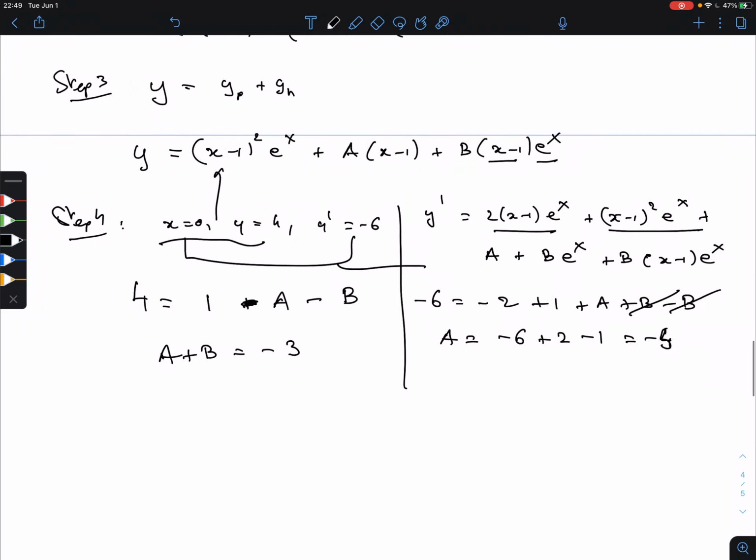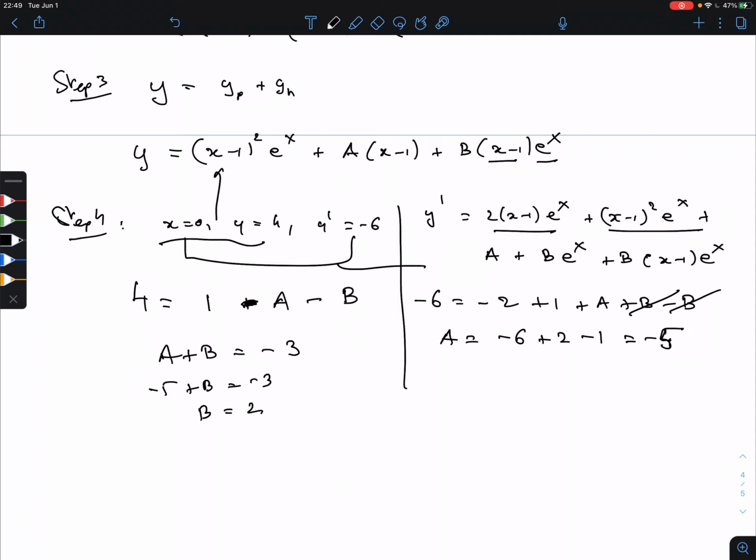Minus 5. Okay, I have the feeling that I do an extra... Oh, no, I have to take the derivative. So a is negative 5, and therefore negative 5 plus b is negative 3. That means b is 2.